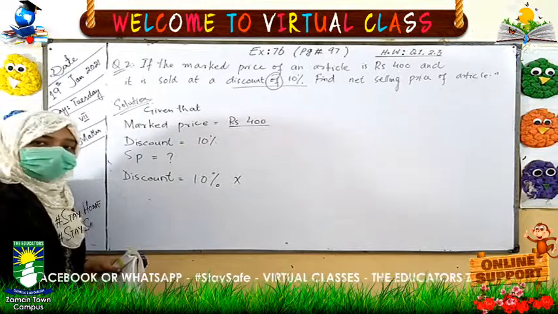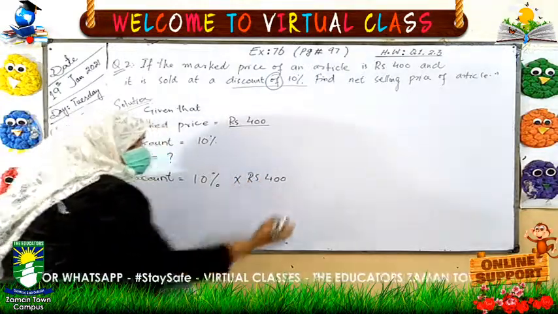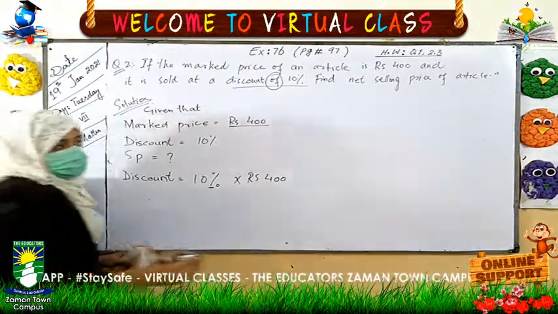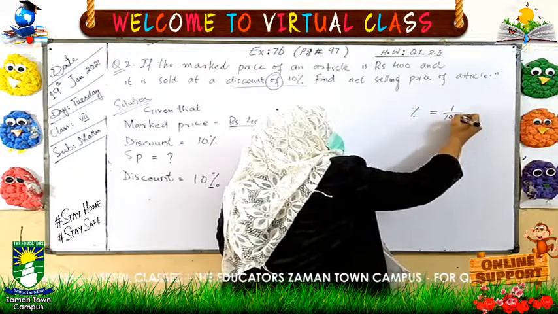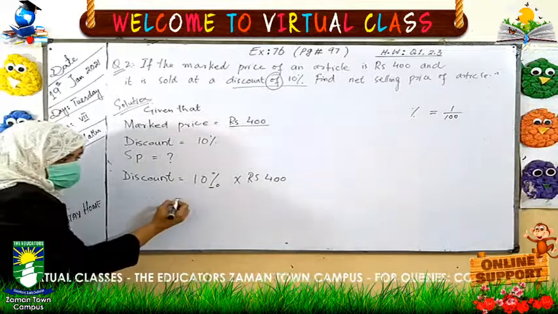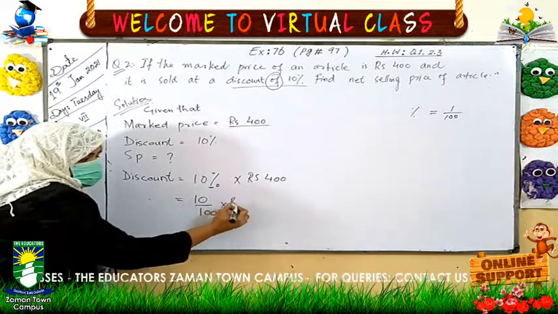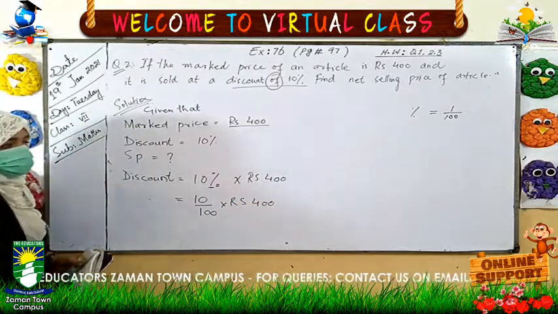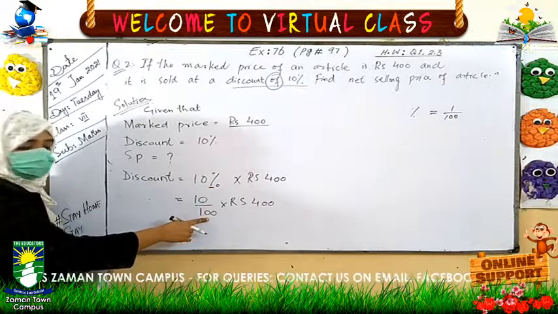10% off marked price. So what is your marked price? Rupees 400. When we have this percentage sign, students, when we remove this sign, we will get 100 in the denominator. So I am removing this sign from here, and I am getting 100 in the denominator.